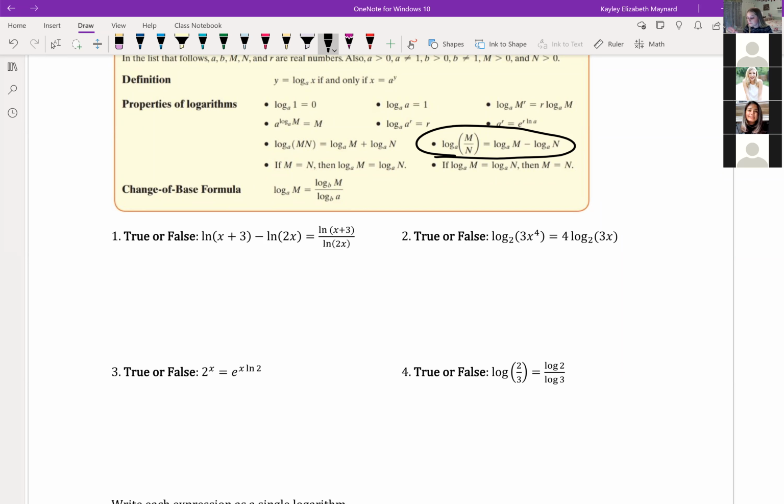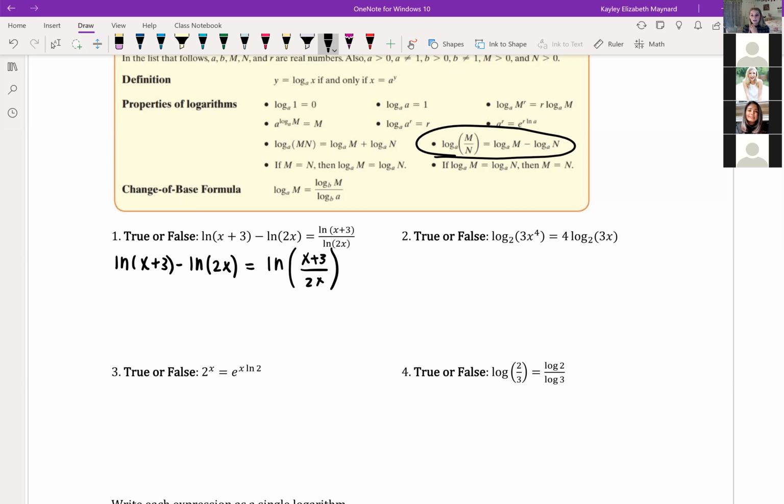So it's important to note that we have ln, which is just log base e. So these do have the same base. So we have ln of x plus 3 minus ln of 2x. And using this property that I circled up here, we can combine these into 1 using division. So this should be equal to ln of x plus 3 over 2x.